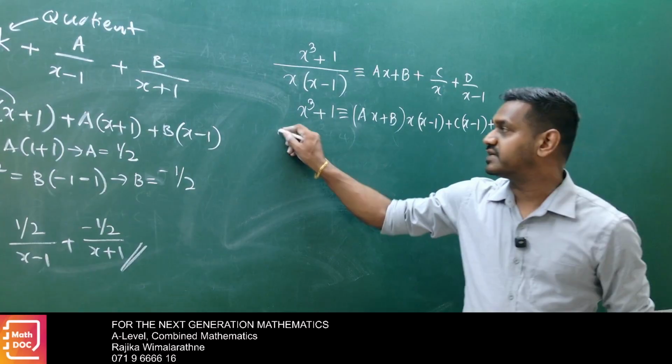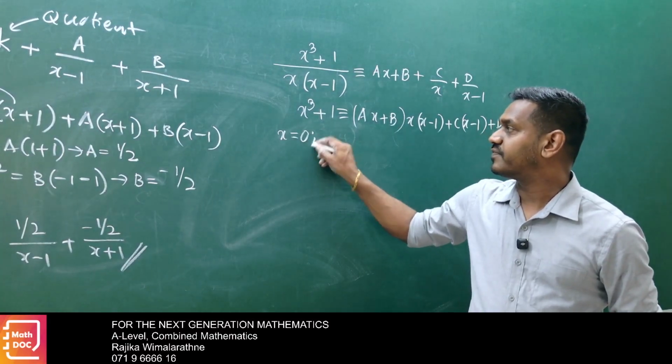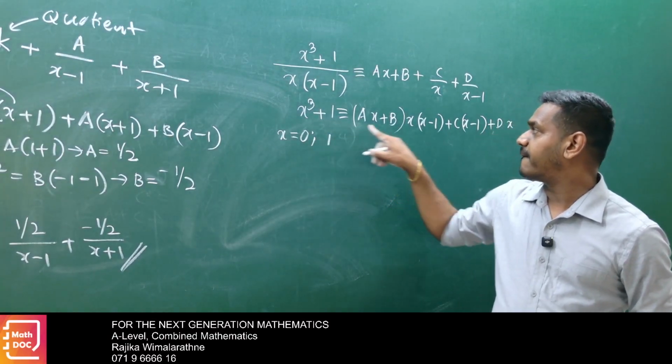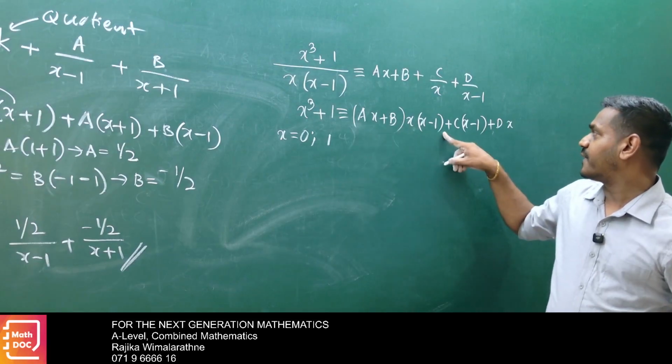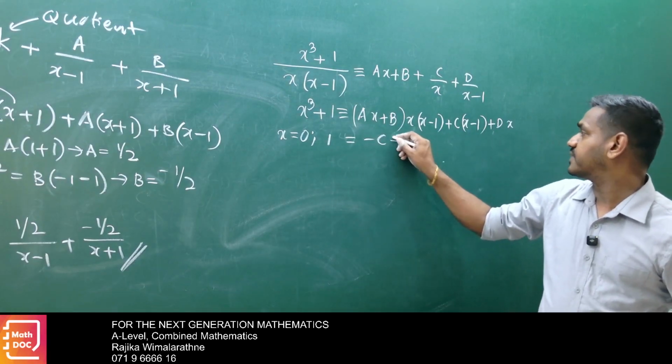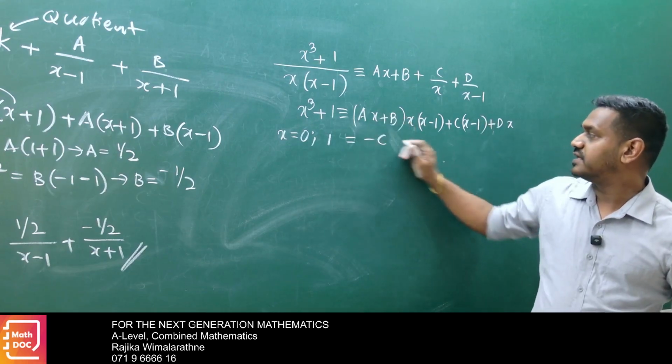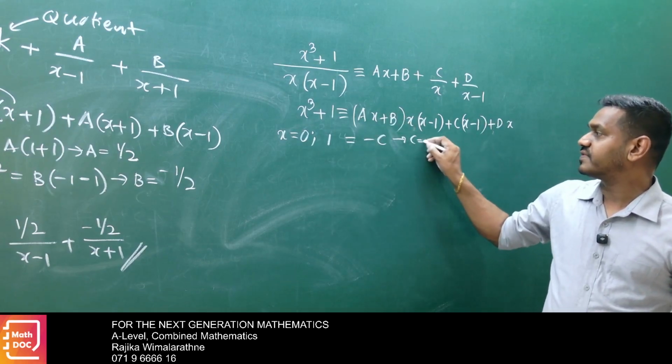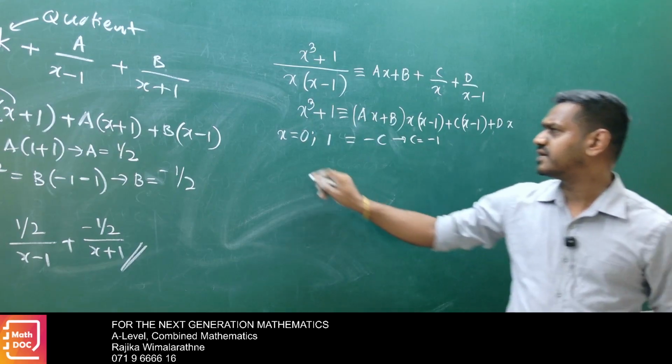Let's substitute x equals 0. Here 1, here 0, here minus c, here 0. Then the c value is minus 1.